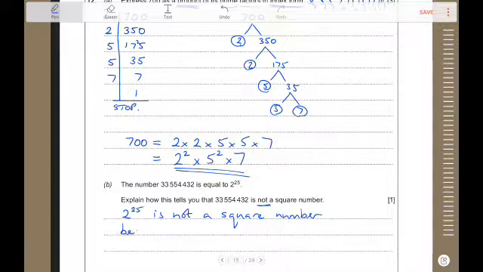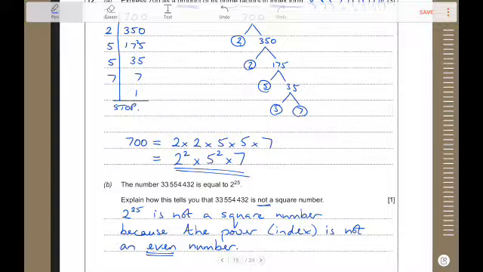because the power or index is not an even number.